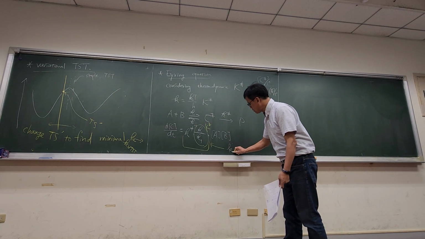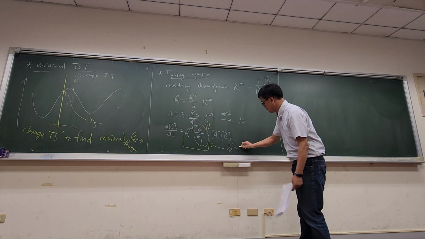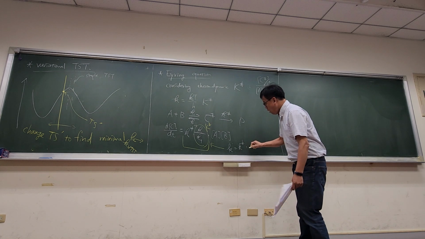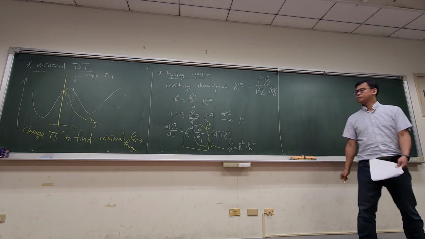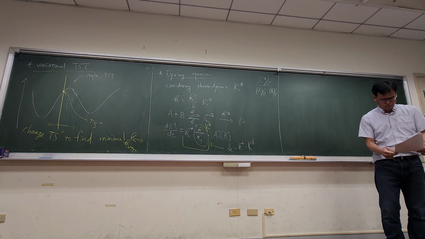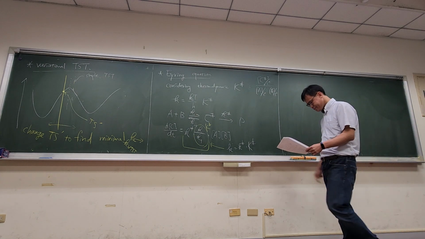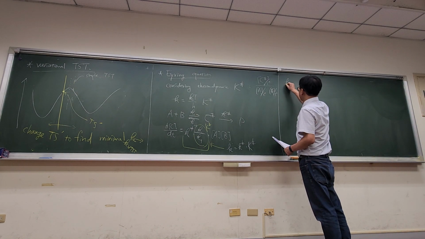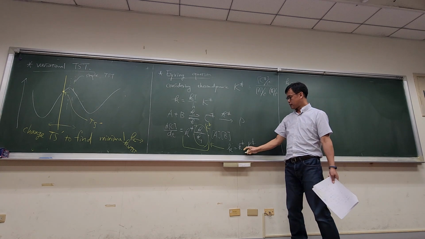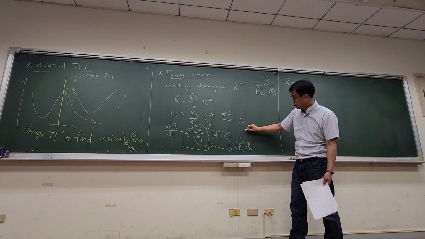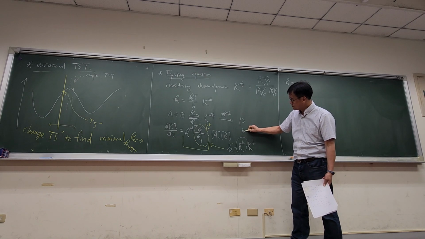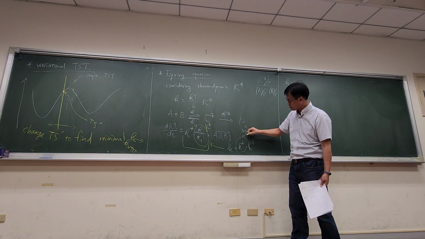Finally, we will define the rate constant. Now, in this case, it will be your K double dagger. That's your K. So your rate constant will be, and we figure out that this K double dagger, this inverse lifetime, is kBT divided by h.